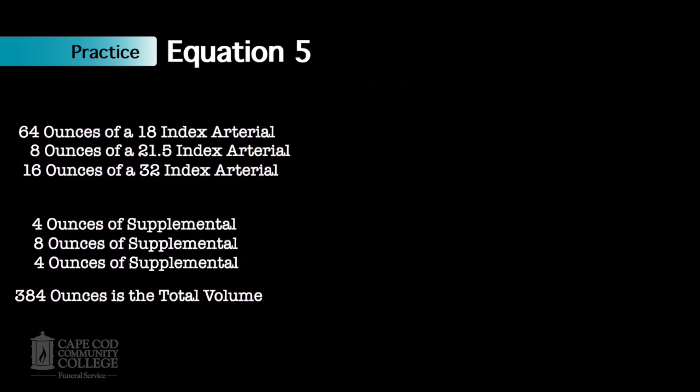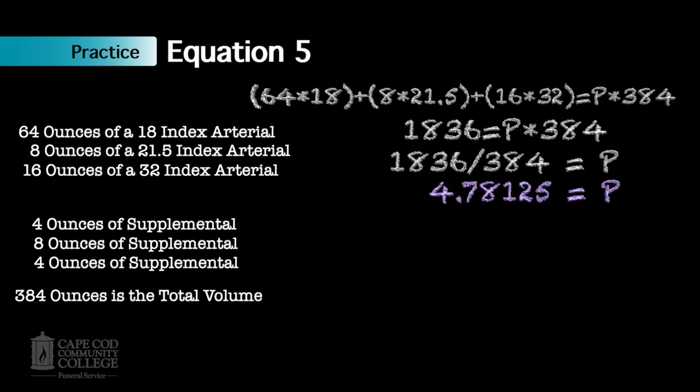As promised, we're going to make things a little bit more complicated. Now, using the formula that we've learned in the intro video, as well as all the videos leading up to this point, we know that the percentage of formaldehyde in the entire tank, or P, is 4.78125, or 4.8. Now, this percentage of formaldehyde may be appropriate for many cases, but the decedent we're working with today only needs 2% formaldehyde in the tank.